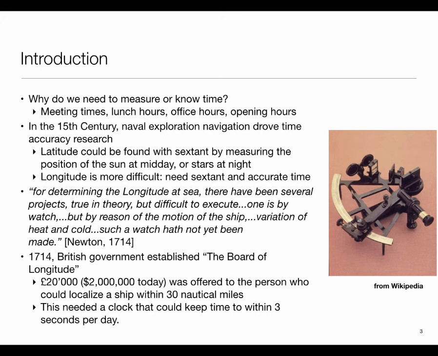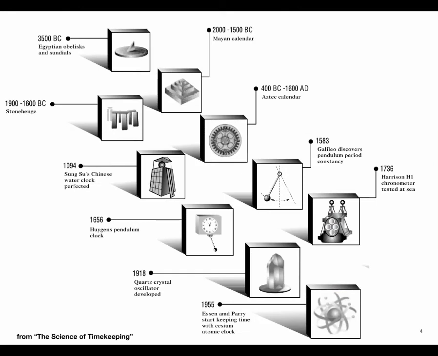It was won by a watchmaker, a less sophisticated person working in a village, who made the timepiece that won this award. It had a huge impact because you could accurately localize in the middle of an ocean. So lots of fascinating work.